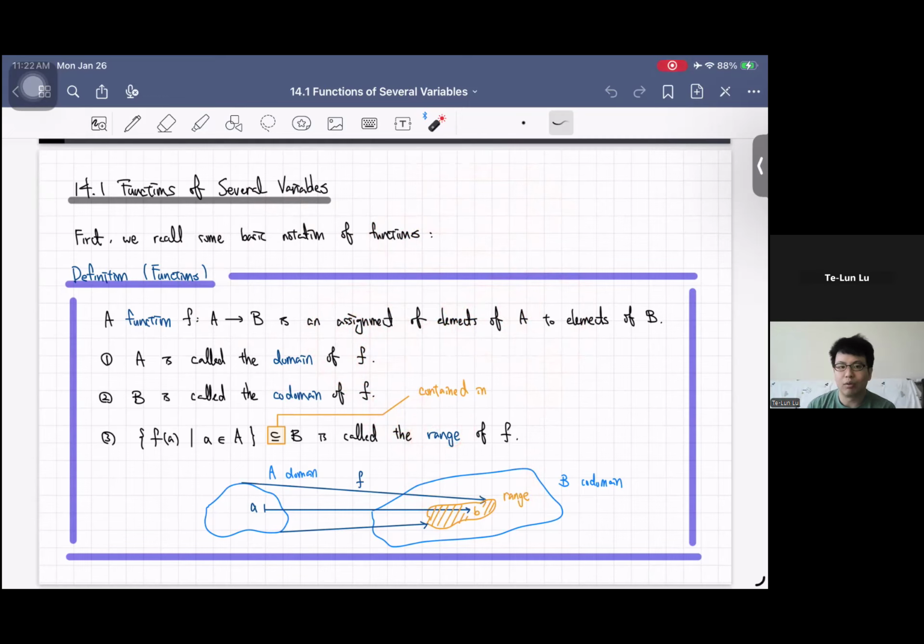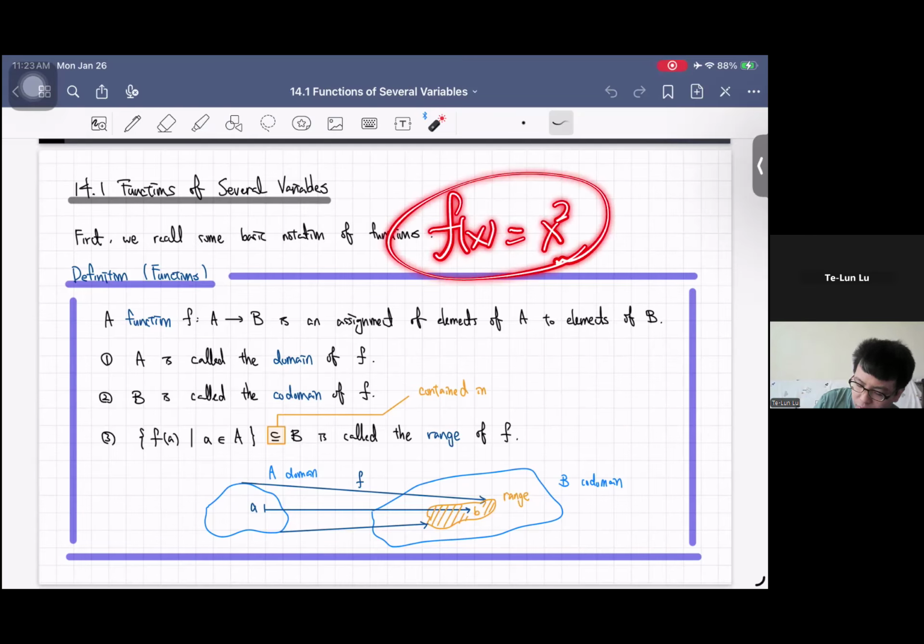So what is a range? A range is a subset of B that is defined through this definition. It is collecting every possible value of f given any value of A. So for instance, what is the range of this function? This function actually gives everything positive, right?